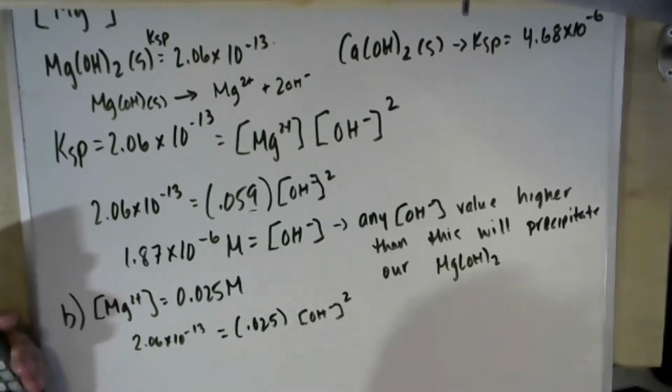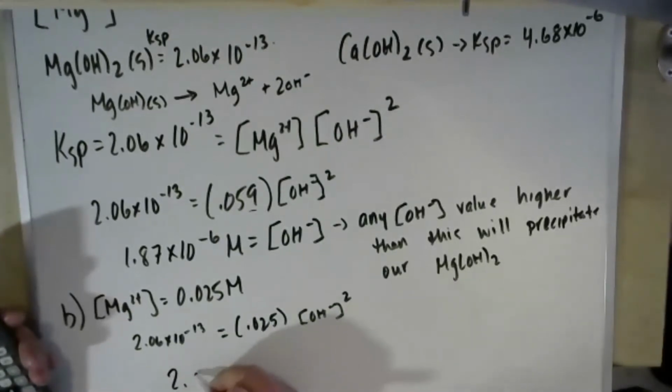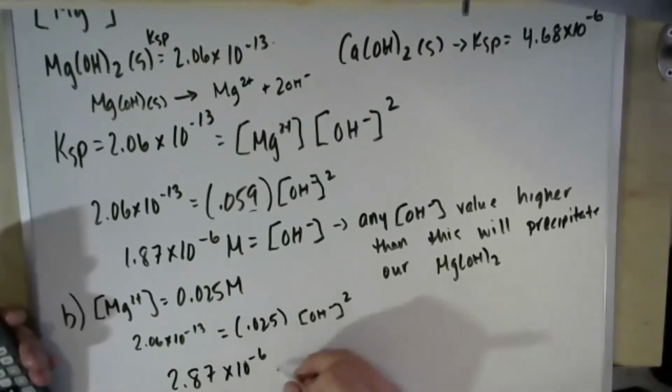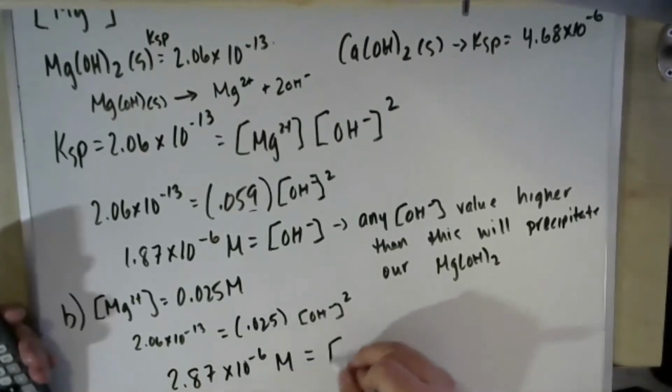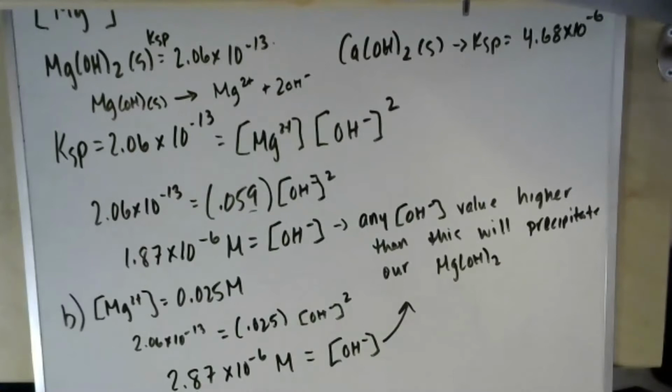We'll take the square root of that, and we end up with 2.87 times 10 to the negative 6 molar would be the hydroxide ion concentration we would need to start precipitating MgOH2.